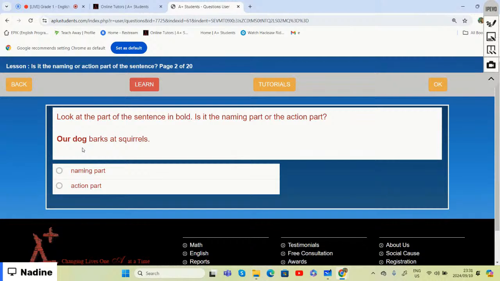So the words our dog, is that a naming part or is that an action part?